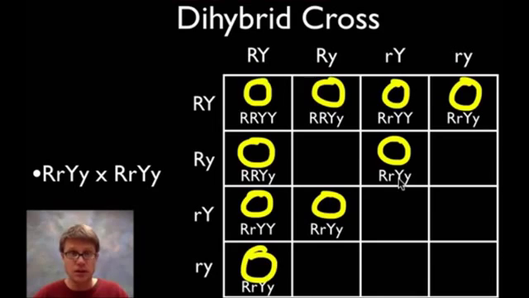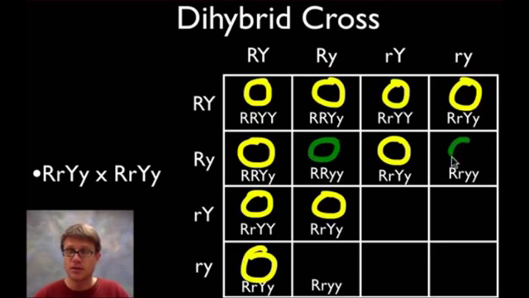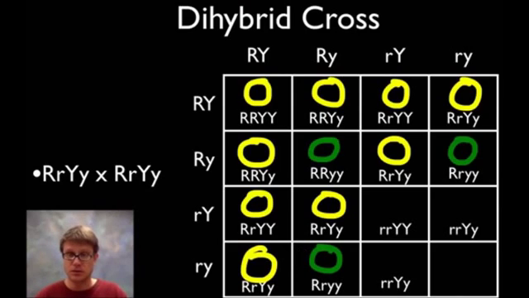Let me try to add the next ones. So what about these next ones? Well, the next ones are going to be round and green, because the round is dominant, but they don't have the dominant for the yellow. Let's add the next ones.